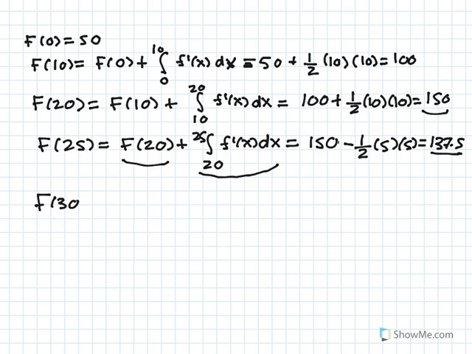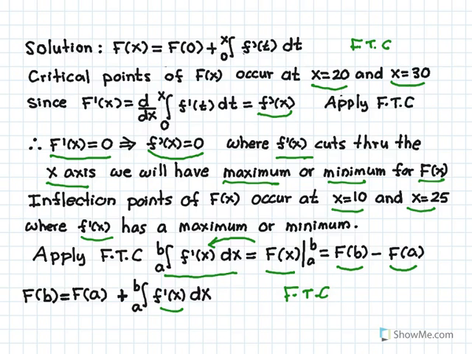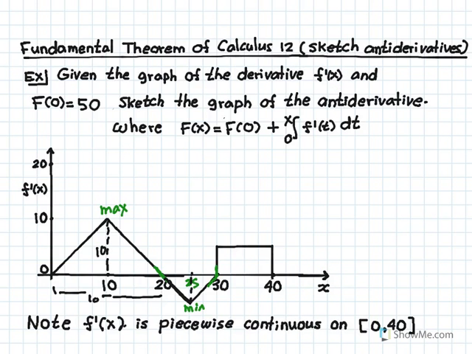F of 30 is going to be capital F of 25 plus the integral from 25 to 30 of f prime of x dx. F of 25, that's just going to be what we had before, that's 137.5 plus, and now if you look at the diagram from 25 to 30, you can see that the integral represents the area of a triangle, and since the derivative graph is below the x-axis, we have to subtract off the area just like we did previously.